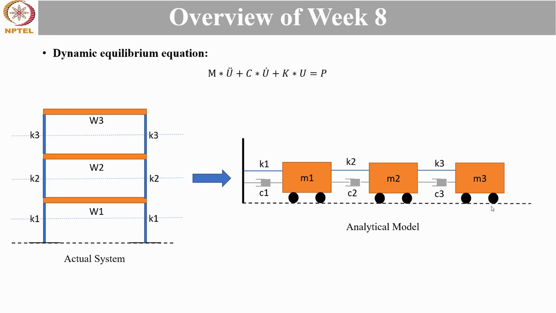Thus, an actual complex structure is broken down into multi-degree of freedom system in which number of floors is equal to number of degrees of freedom, and thus this structure with concentrated mass of each floor and known stiffness of columns, assuming no lateral deformation or buckling, can be simplified into a spring block system as shown in the figure on the right.